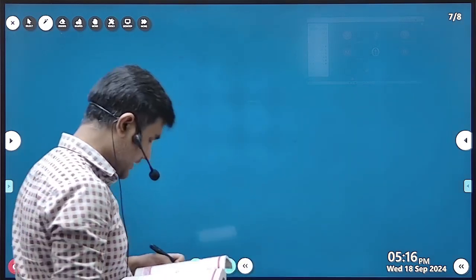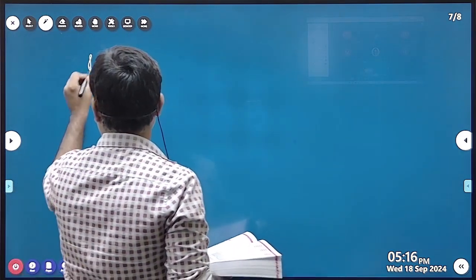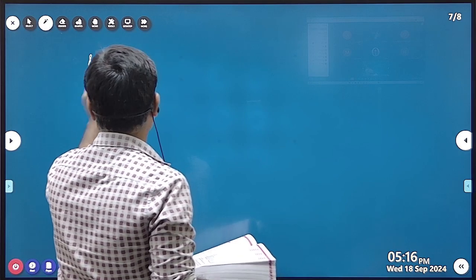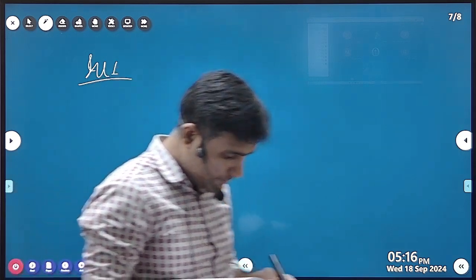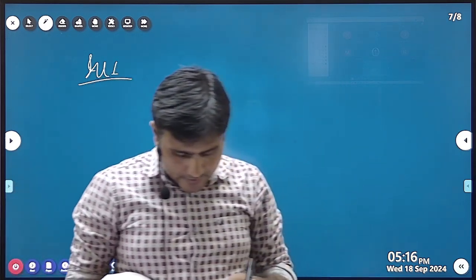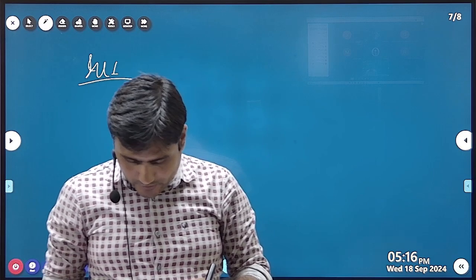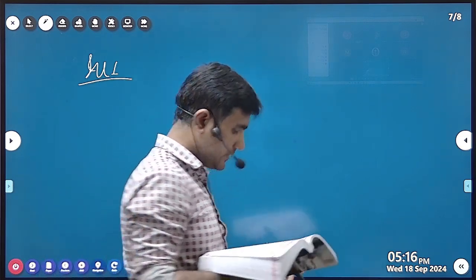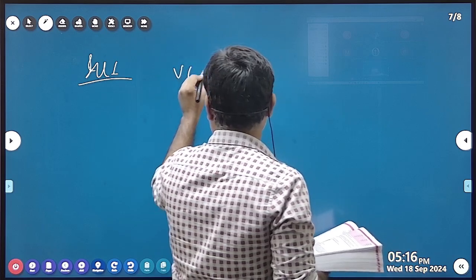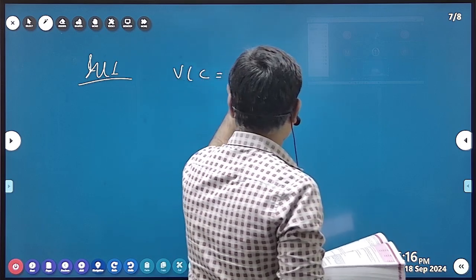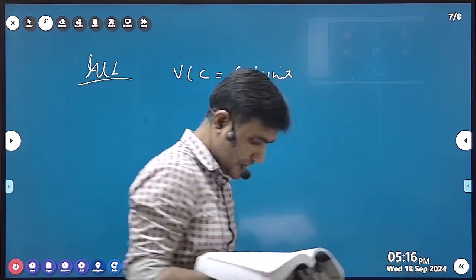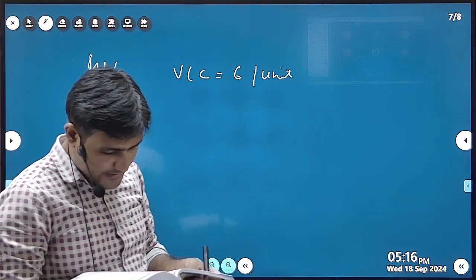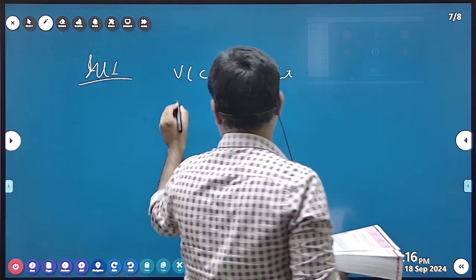What does it say? Let's see. Illustration 1. XYZ company makes a product, the Goldie, which has a variable production cost of 6 per unit. Variable cost is 6 per unit, and a selling price of rupees 10.